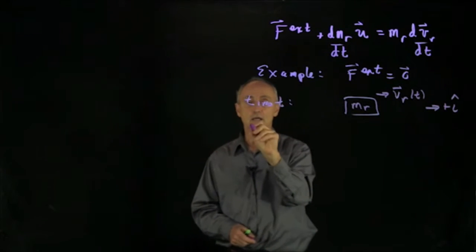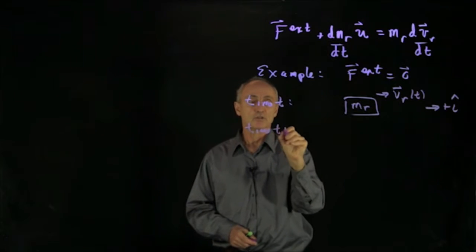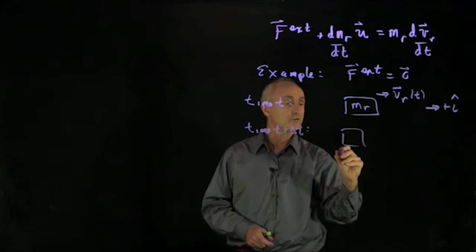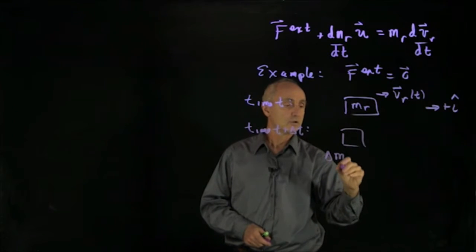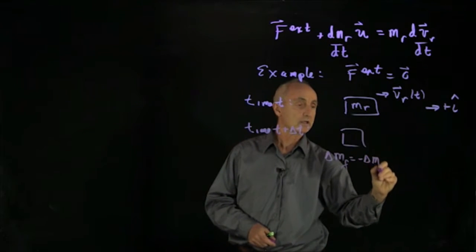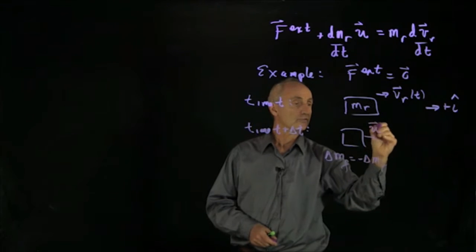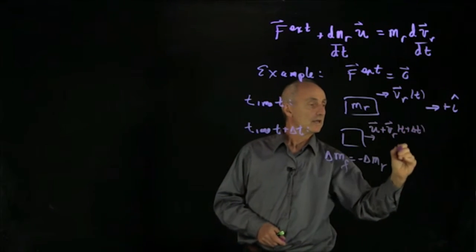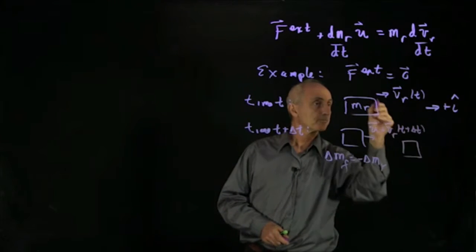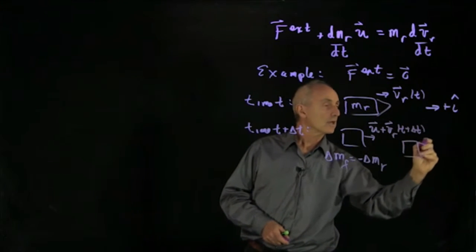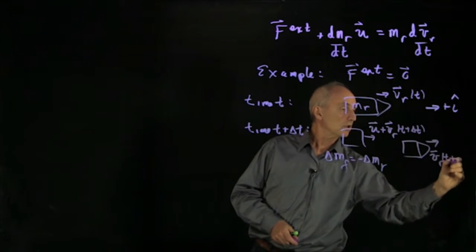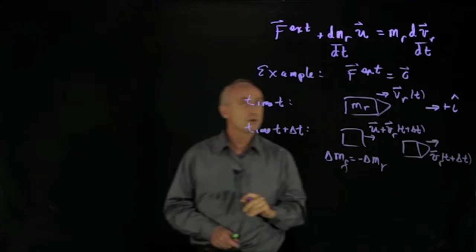And then at time t plus delta t, we have our fuel, delta m fuel, which is equal to minus delta m rocket, moving with a relative velocity u plus v_r(t plus delta t). And our rocket itself is moving with v_r(t plus delta t).